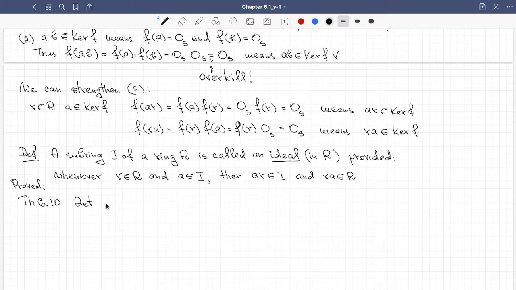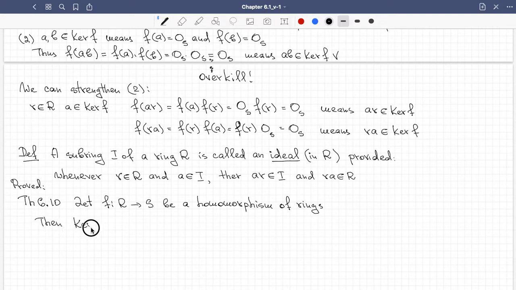Let f from R to S be a homomorphism of rings. Then the kernel of f is an ideal in R.